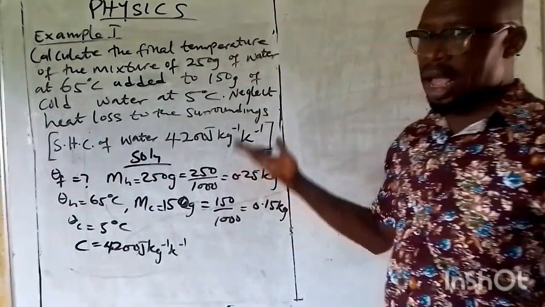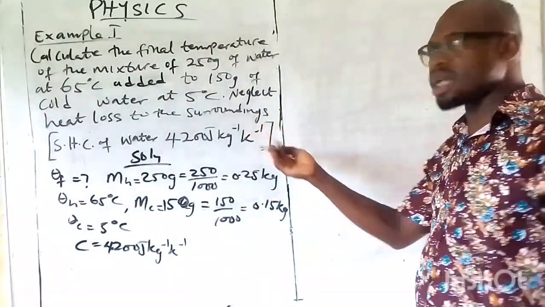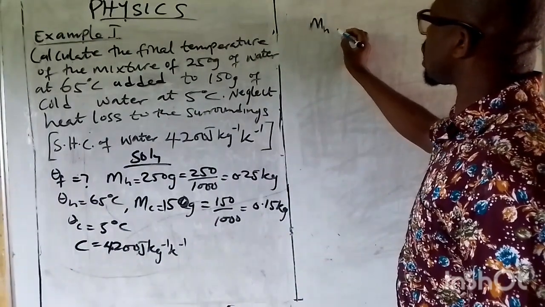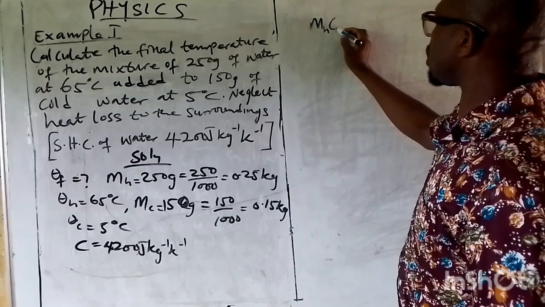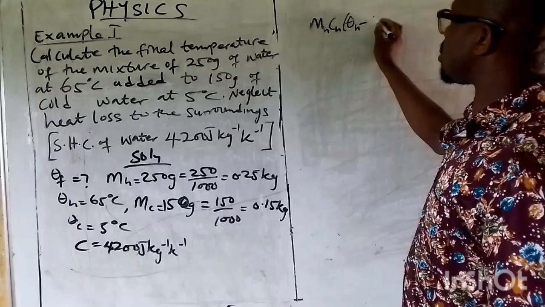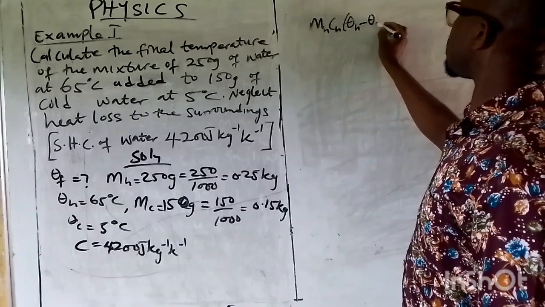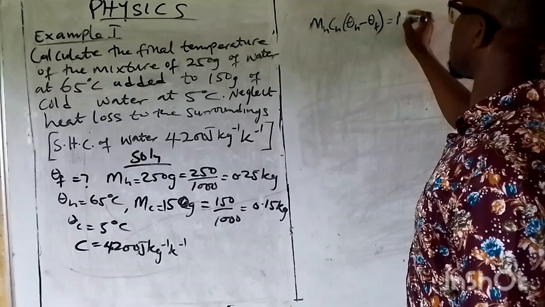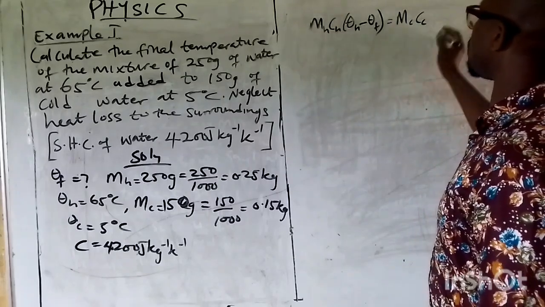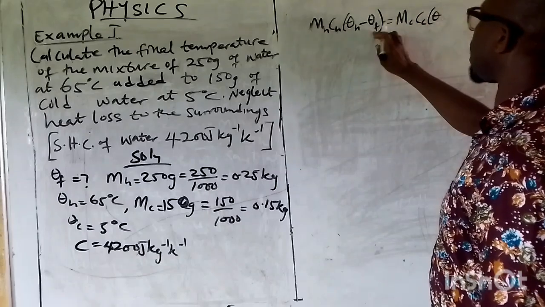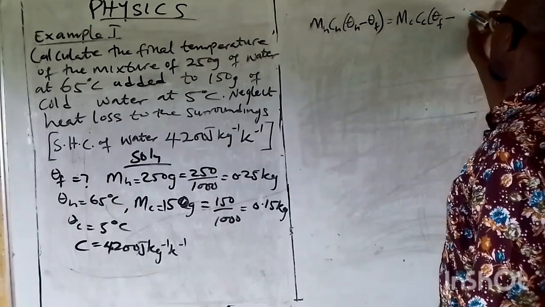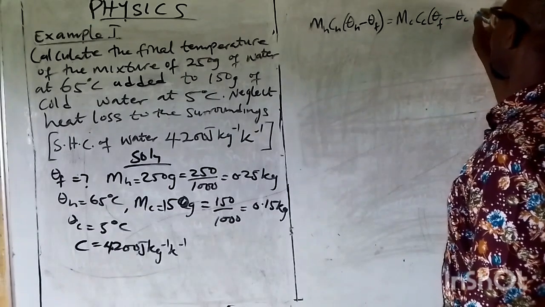We apply our formula: mass of hot water times specific heat capacity of hot water times the temperature of hot water minus final temperature, equals mass of cold water times specific heat capacity of cold water times the final temperature minus theta C, because this one is gaining heat.